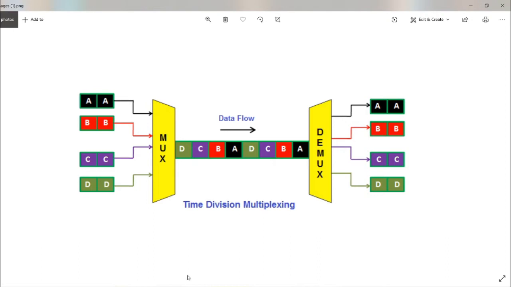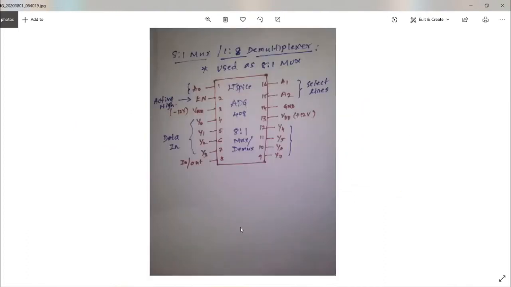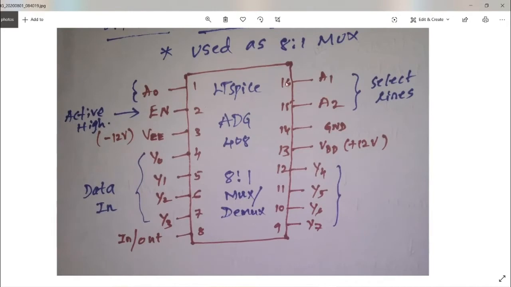In this TDM simulation I have used LTSpice software, and the IC I have used is ADG408. As you can see, this is the pin diagram of the IC which I have used in the LTSpice.